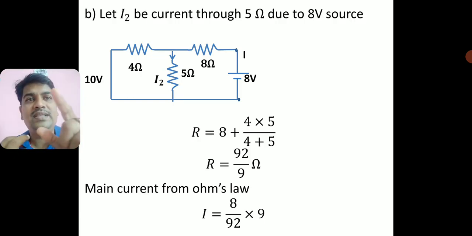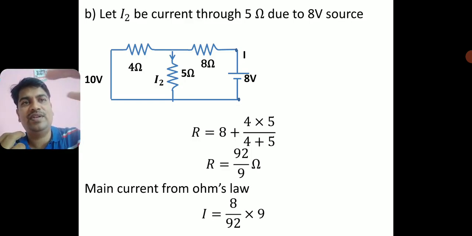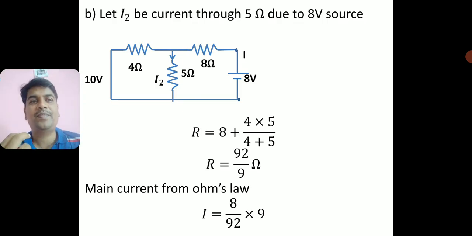One 8 ohm is in series and 4 and 5 ohms are in parallel, because the current first flows through 8 ohm, then it divides at 4 and 5 ohm. So R is equal to 8 plus 4 into 5 divided by 4 plus 5. So R is 92 by 9 ohm.